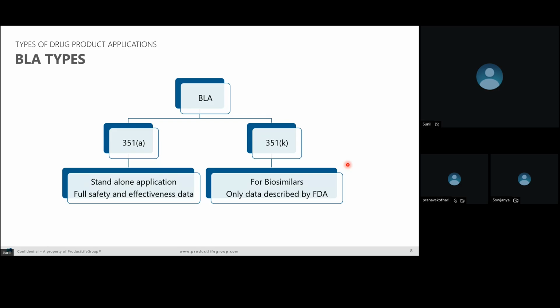What kind of clinical trials and what in vitro and lab studies you have to do to prove the similarity is mentioned in the low molecular weight heparins guidance. For different types of biologics, there are different guidelines, and there are product specific guidelines also, which mention what exactly you need to prove to show the similarity. I will show you an example of enoxaparin, what studies you need to do.